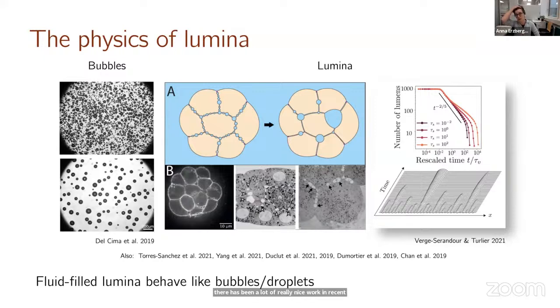Here I am highlighting a study where the authors have looked at the coarsening of microlumina, so these very small fluid-filled spaces inside the mouse embryo. They look at how these coarsen, and they find that the dynamics resembles the coarsening of phase-separated droplets.